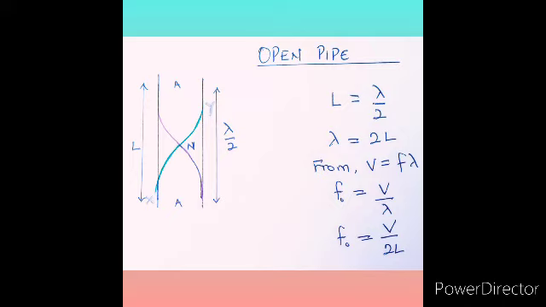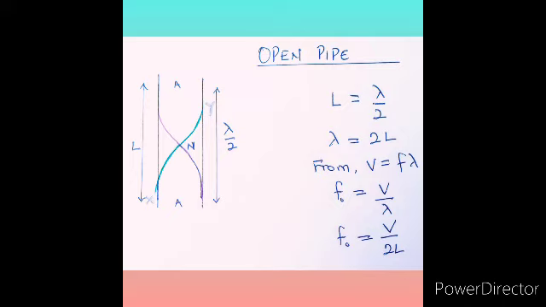Now, since the length of the air in the tube or the pipe is equal to lambda over 2, we can say that lambda, which is the wavelength, equals 2L. So from the wave equation, V equals F lambda, and we are looking for the fundamental frequency of the note.